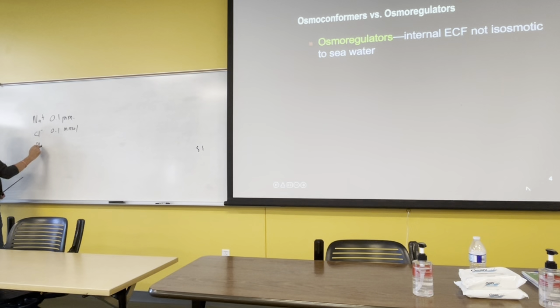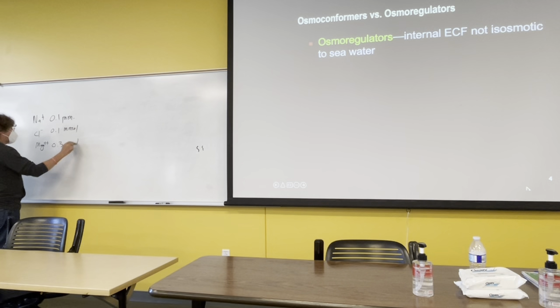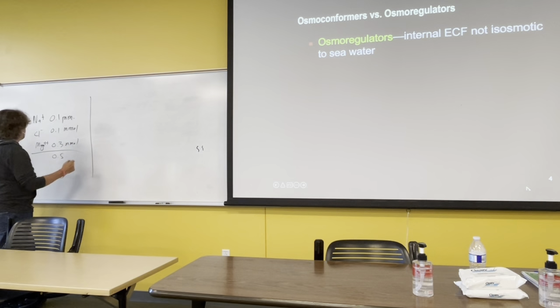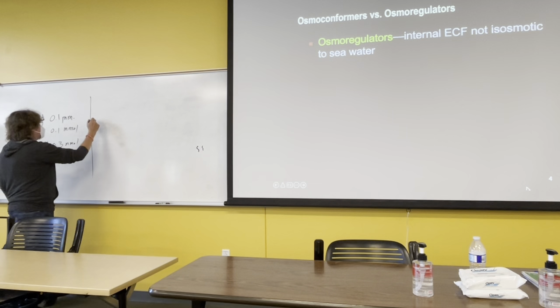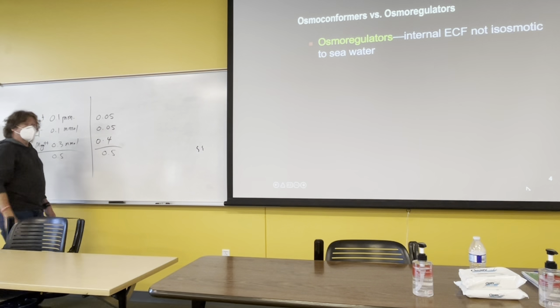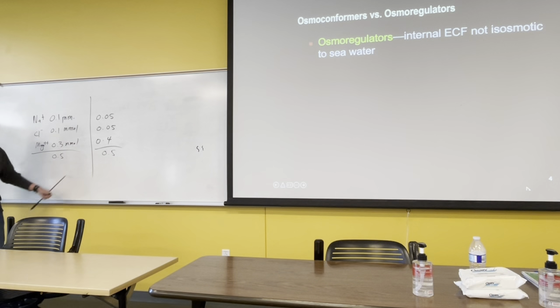Say magnesium is 0.3 millimolar. Okay, so all those add up to 0.5, right? Okay, so an ionoregulator might have 0.05, 0.05, and 0.4. Okay, it still adds up, total ion concentration, isosmotic.